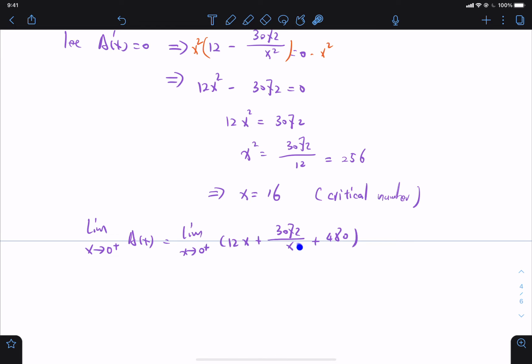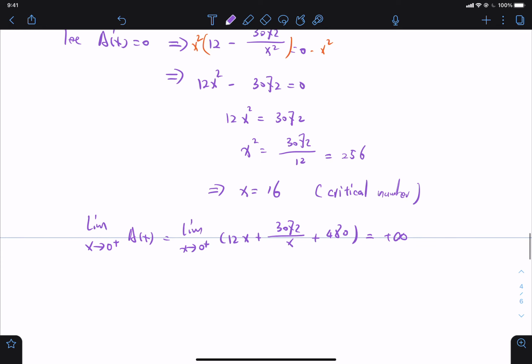This guy approaches 0, so this fraction has a very small denominator and becomes very large, so it approaches infinity. This term approaches 0, and overall it will approach positive infinity.